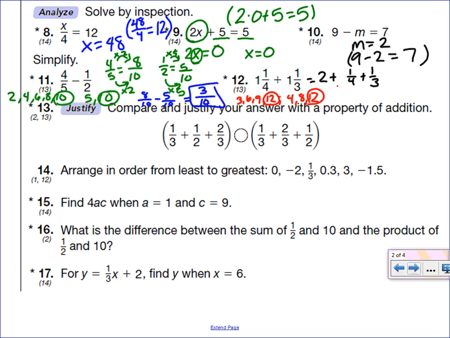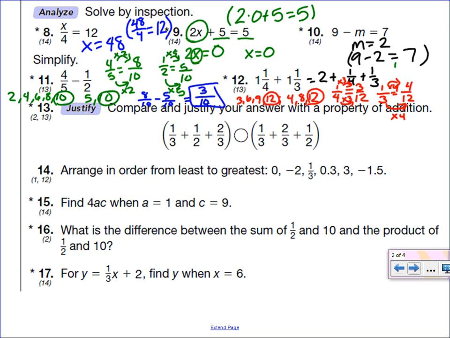So 1/4. To go from 4 to 12, I multiply by 3. So 1 times 3 is 3, so 1/4 is 3/12. To go from 1/3 to 12, I multiply the 3 by 4, so I have to multiply the 1 by 4, which is 4/12, so 1/3 is 4/12.